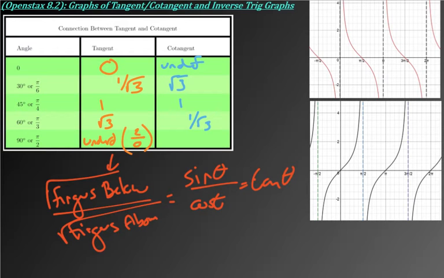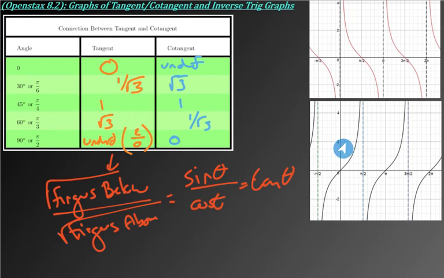And then the last one is actually not going to be undefined, because the reason this one is undefined is because 0 was on the bottom, but really 0 would be on the top now, and you're going to get 0 there, right? So one of the things to see is that when tangent is 0, cotangent is undefined, and vice versa, when tangent is undefined, cotangent is 0, right?